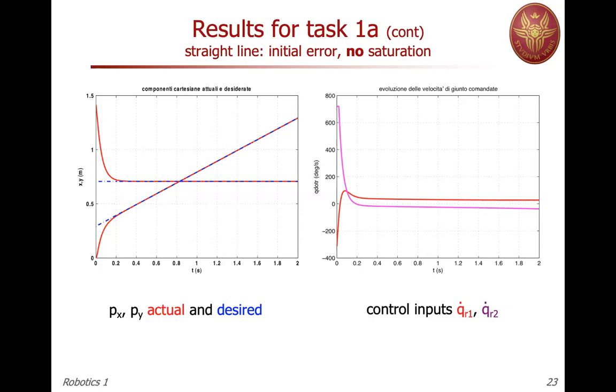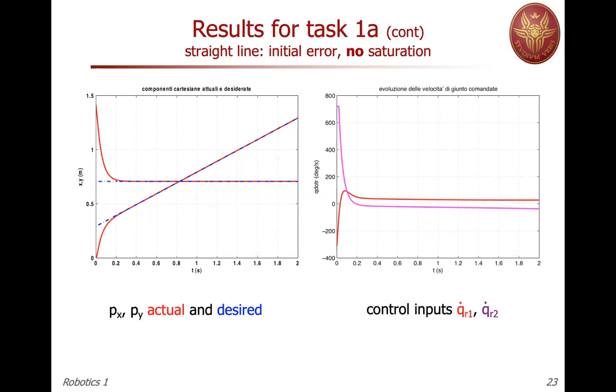Now, what are the commands? What are the control inputs? They are reference velocities given to the two joints, and you see that there's an initial phase where there's a huge value. In fact, there's one instant in which I'm saturating the pink profile, for a very short time, for q̇2. And then after the transient has passed, when I'm on board of the desired trajectory, I have the velocity that this trajectory requires, the one that I planned.